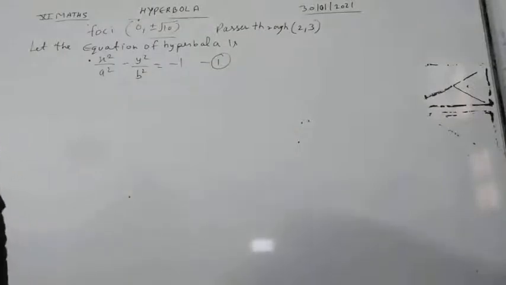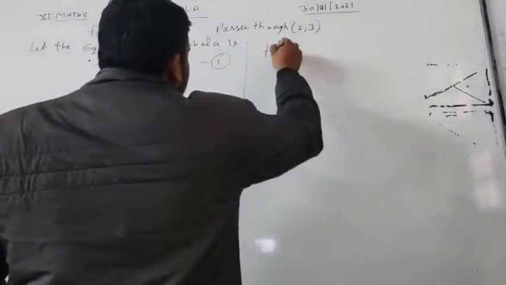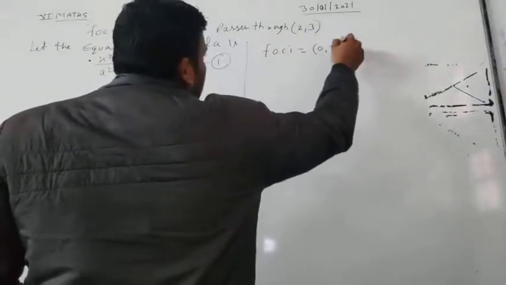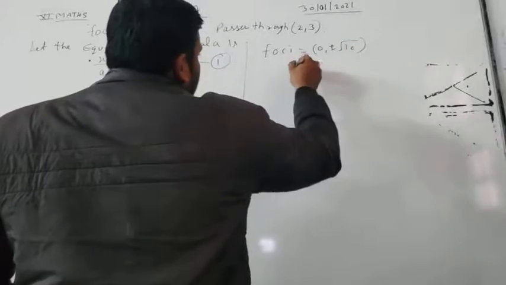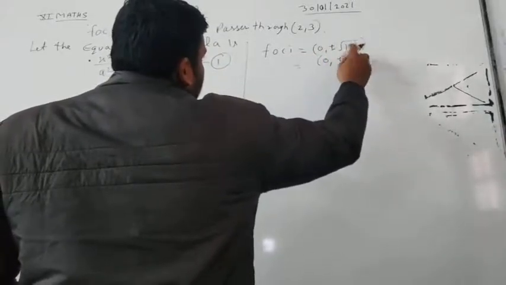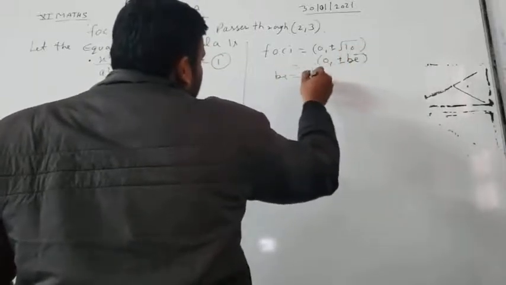Okay, students, and the question says that our foci are plus minus root 10. So when we compare with (0, plus minus be), we get be is equal to root 10.